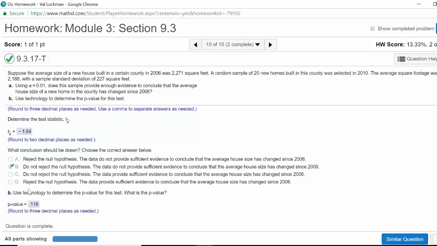For the p-value method, you compare this value to your alpha level. 0.118 is a lot bigger than 0.01, so we do not reject the null hypothesis. This is how you would do your hypothesis testing with a t-test when sigma, the population standard deviation, is unknown. All right, thank you for watching.